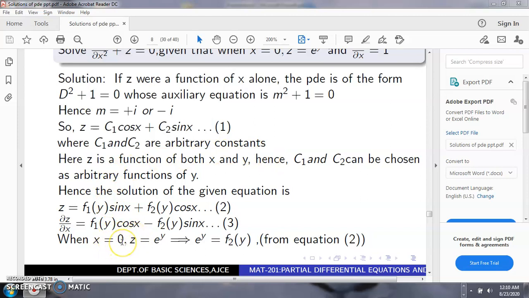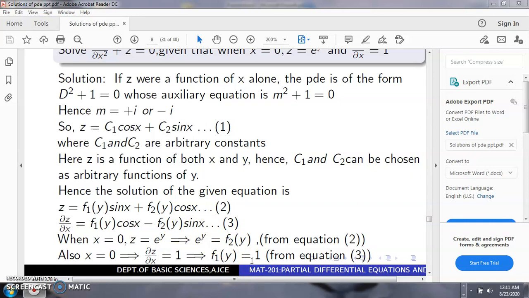Substituting that in equation 3, we get 1 = f1(y) cos 0 - f2(y) sin 0. Now cos 0 is 1, so 1 is equal to f1(y) into 1 plus f2(y) into 0. So you get f1(y) is equal to 1.